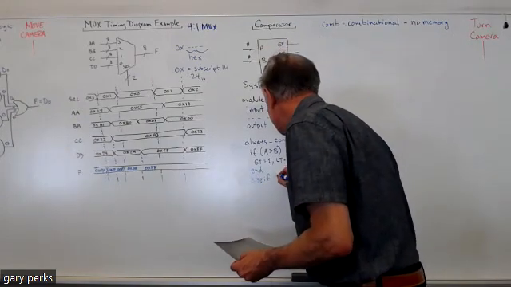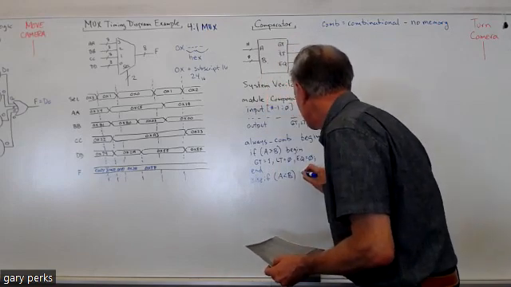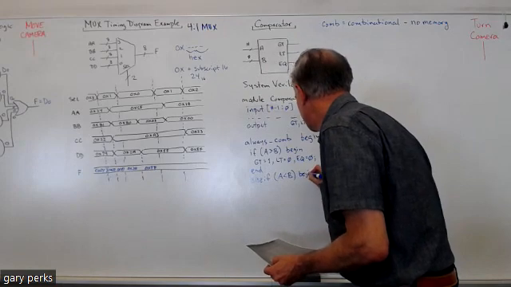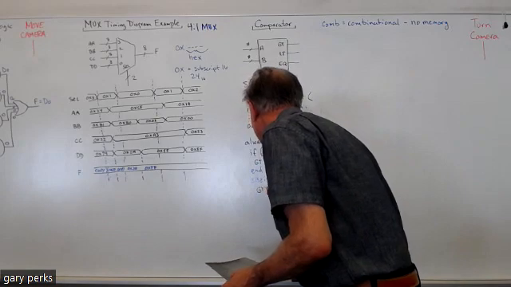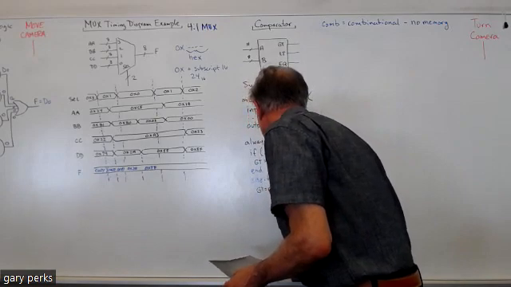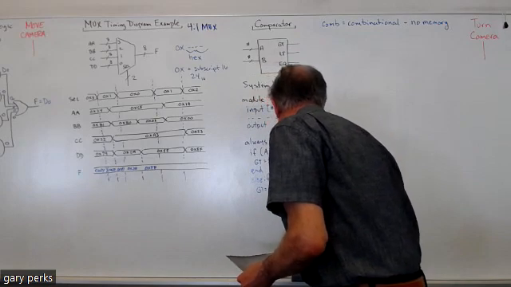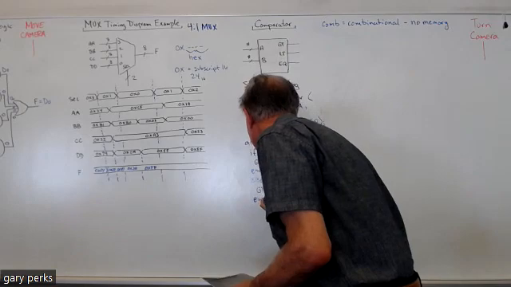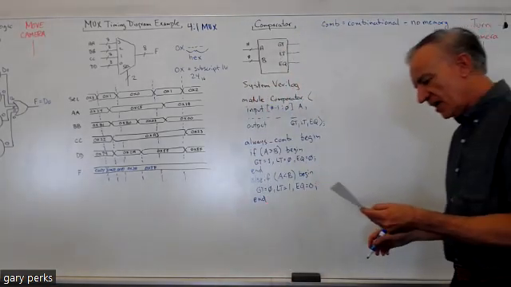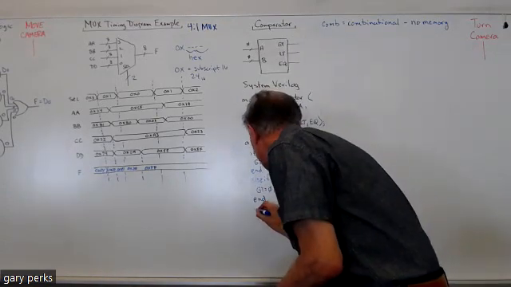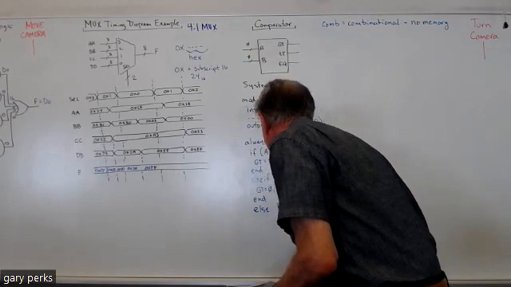Then we're going to say A less than B, and we need another begin. So if A is less than B, GT is 0, LT is 1, EQ is 0. And then we need an end for that begin. Okay, else, and we need another begin.